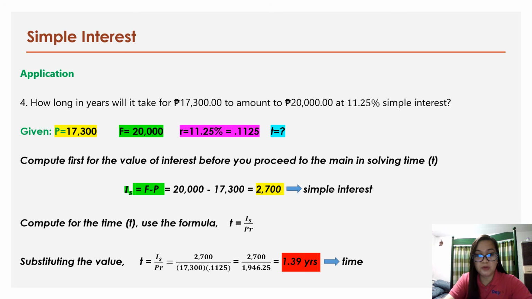So therefore, 2,700 divided by 1,946.25 will be equal to 1.39 years. So that is now the time wherein 17,300 will become 20,000 pesos at 11.25% simple interest. Okay? Do you have any question?